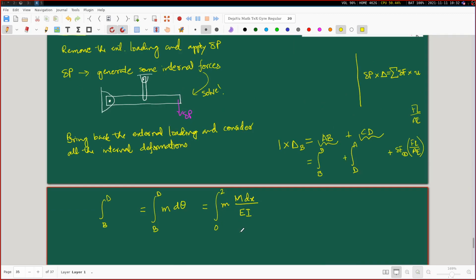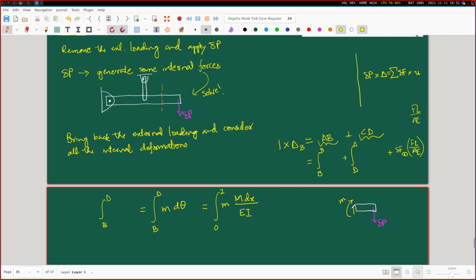What is this M? You look at this picture and tell me. Small m, yes, small m is the moment that is generated at any cut section between B and D. So if you take any cut section here, this is the moment.